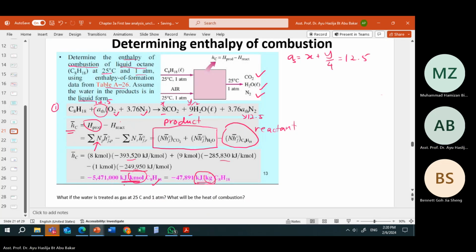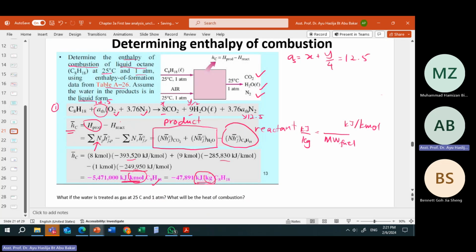So mass basis over here, the mole basis that you get divided by molecular weight of the fuel. Jadi cakap divide by molecular weight of the fuel. Semua maksudnya?